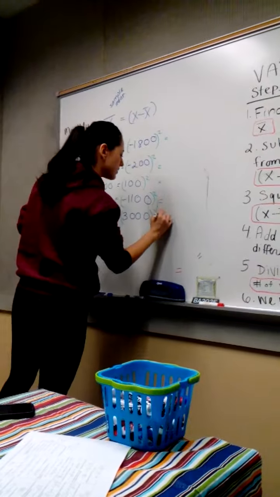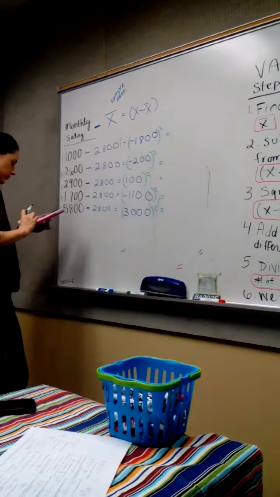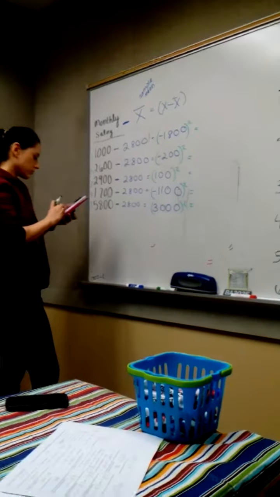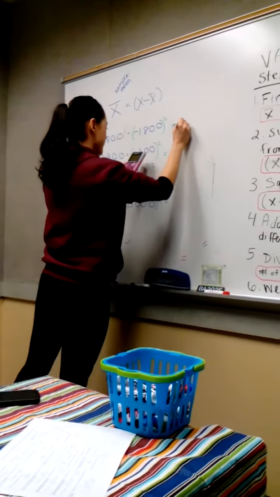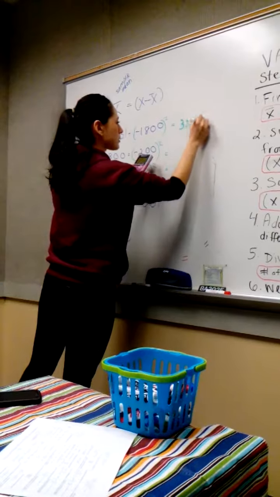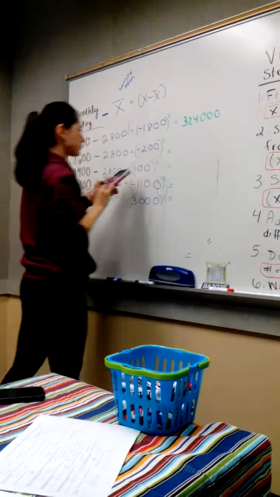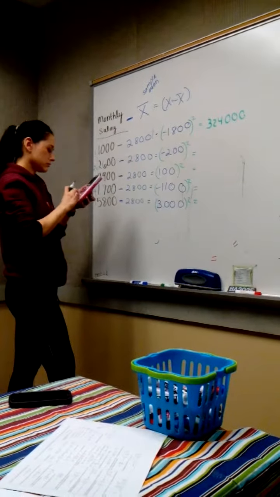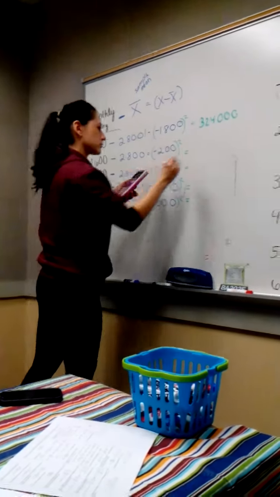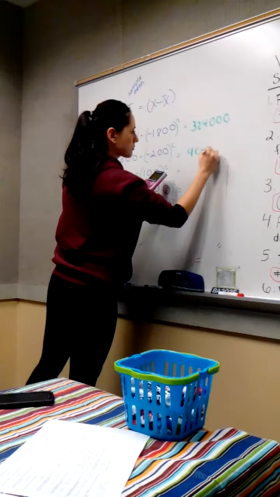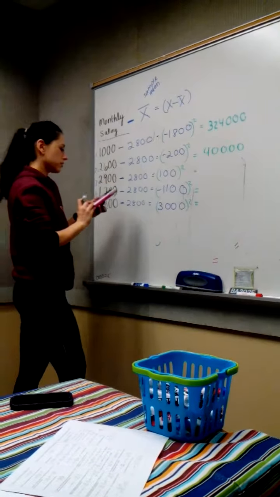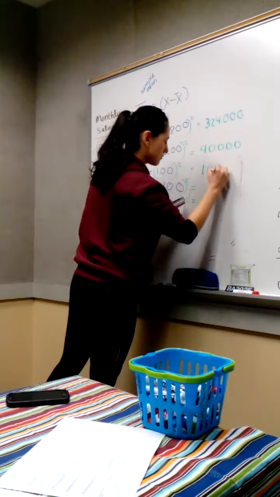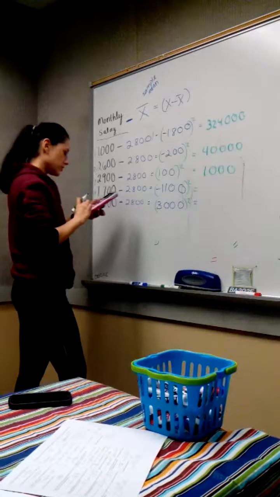Let's see what we get. Okay, 100 squared, 1,000, and 1,100 squared.